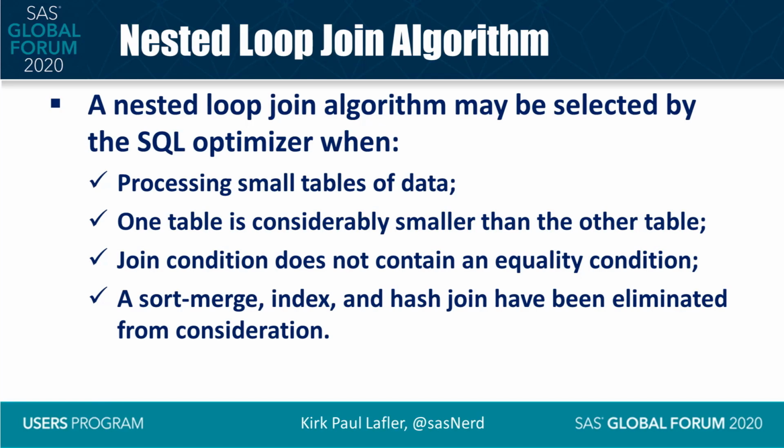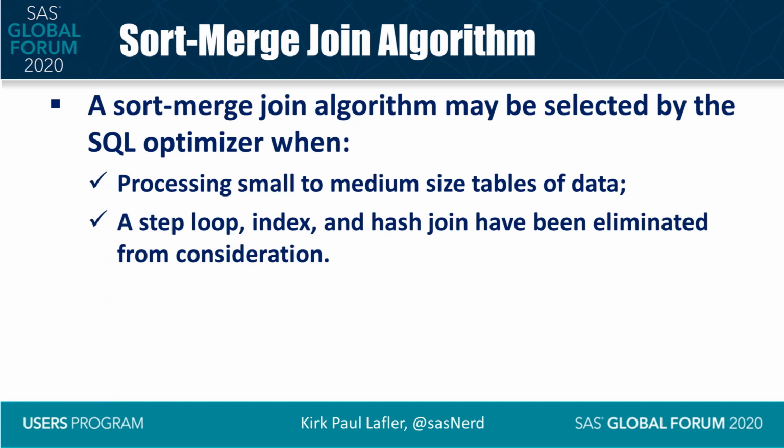A sort merge join algorithm may be selected by the SQL optimizer when processing small to medium-sized tables of data. A nested loop, index, and hash join have been eliminated from consideration.